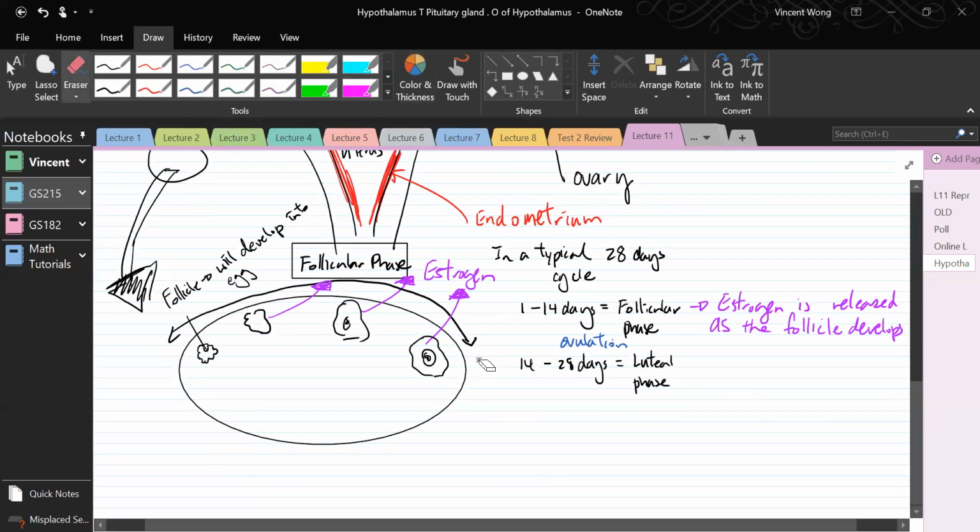That's going to take the first half of the cycle, like 14 days or so, if we are talking about 28 days. And then the egg will be released during ovulation. So the egg goes into the fallopian tube.